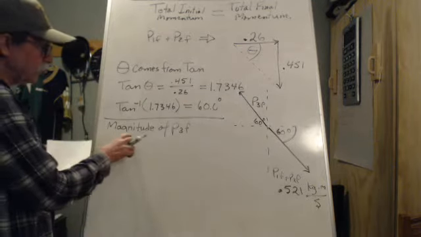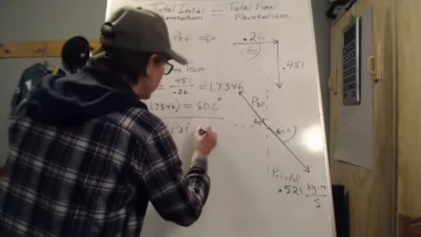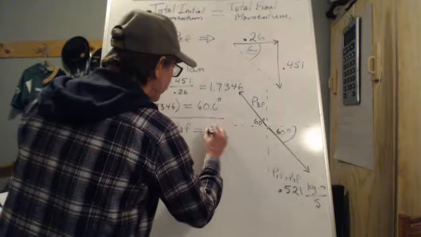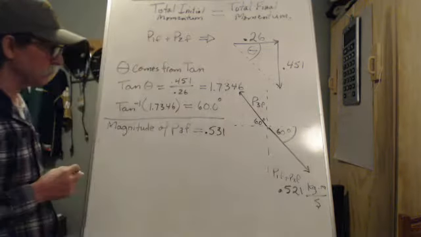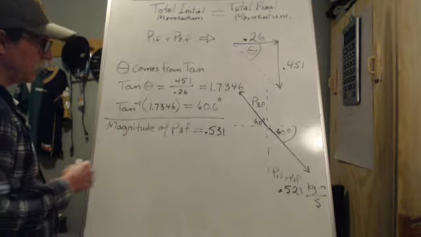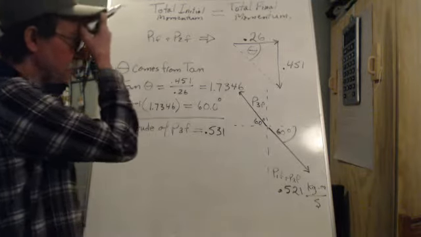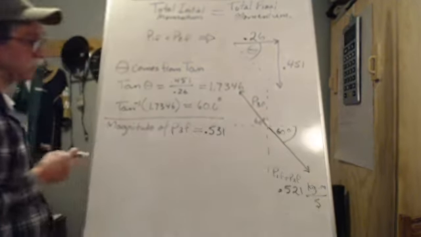So then the magnitude of P3F is going to be 0.531 as well. And the direction is going to be 60 degrees north of west.